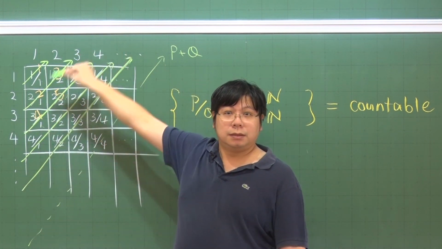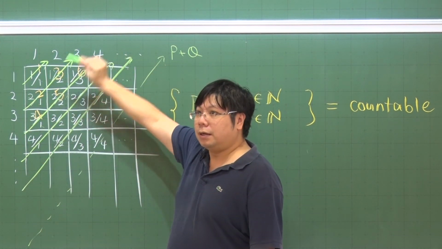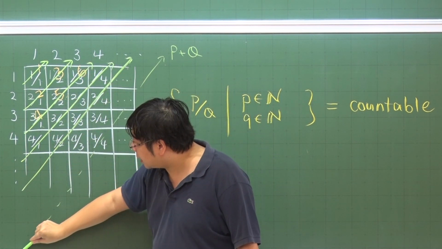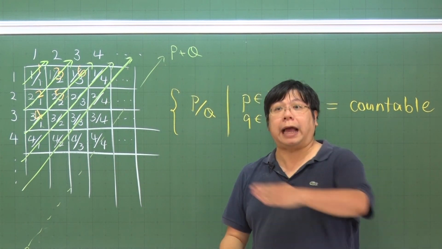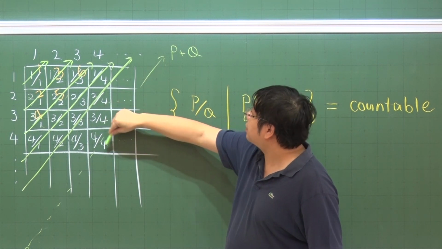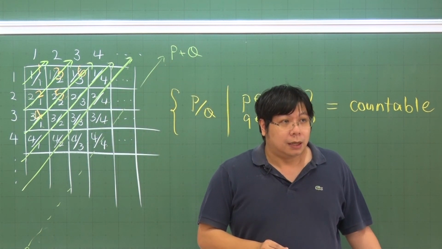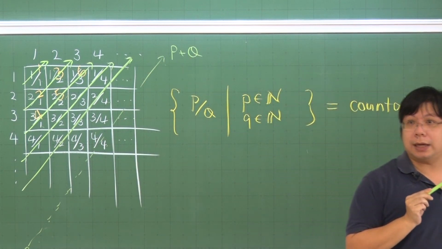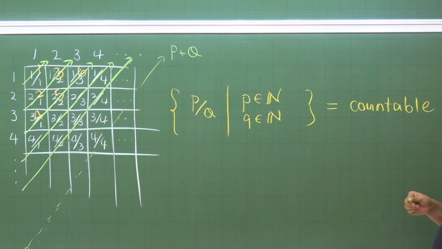After listing out a finite number of items, I must be listing out the diagonal that corresponds to the sum of the top and bottom parts equal to P plus Q. And after some steps, I must be listing out P over Q. I will list out P plus Q minus 1 over 1 first, and then P plus Q minus 2 over 2, P plus Q minus 3 over 3, and so on.